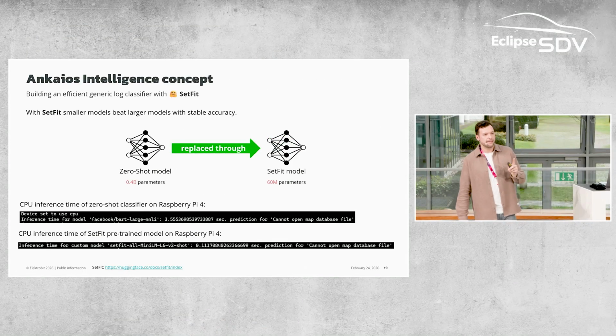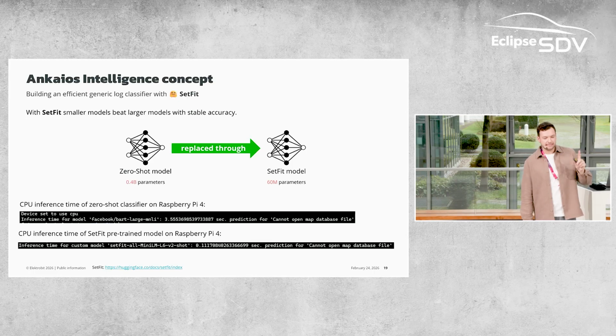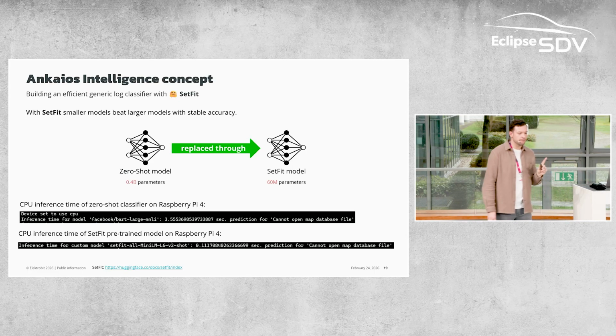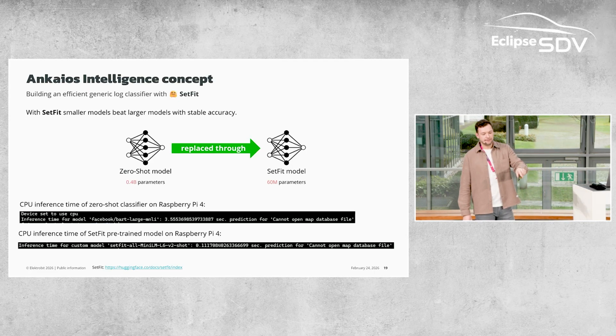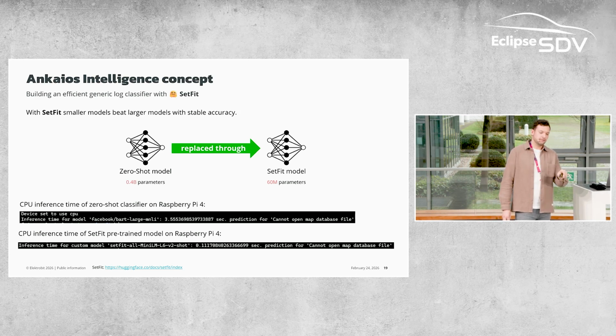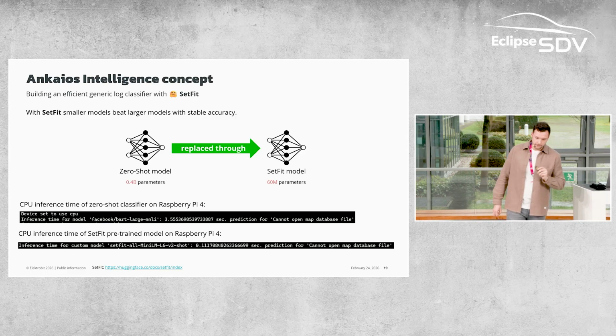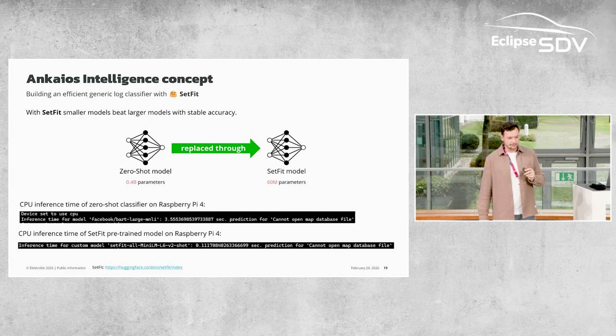But with SetFit, you can have the same accuracy with very little data, but you shrink the model size to million parameters, only 60 million. And this has a huge impact on an embedded platform, because if you compare the inference time here on the slide, for a zero-shot classifier, you have 0.5 seconds on an embedded platform like a Raspberry Pi 4, right? Which is very long. But with SetFit, you have only 0.1 seconds. So this is a huge improvement here.